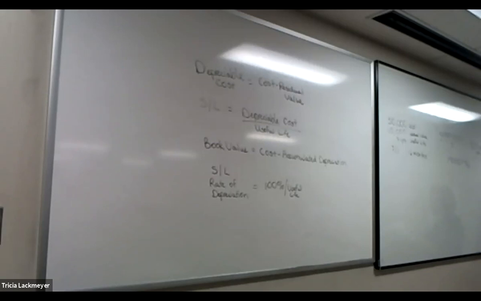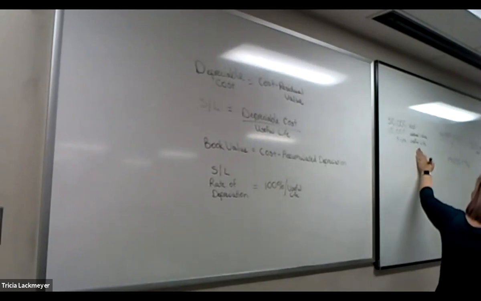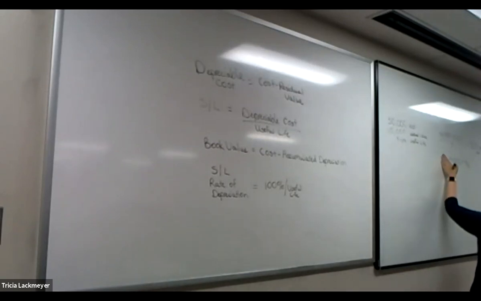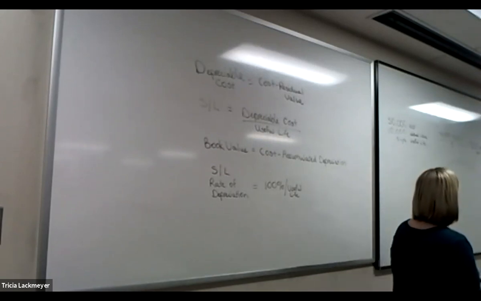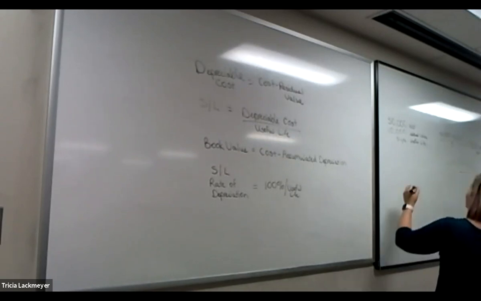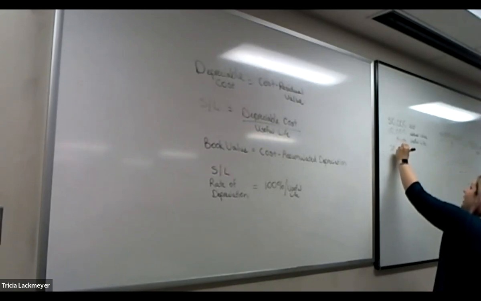Know how to calculate units of output depreciation or units of activity. Okay. So let's look at that same example, only we won't look at a partial year. So say we could use it for 5 years, or the other useful life would be for 20,000 units.